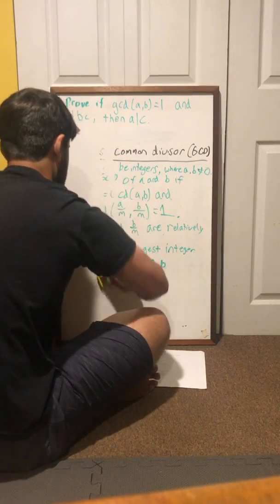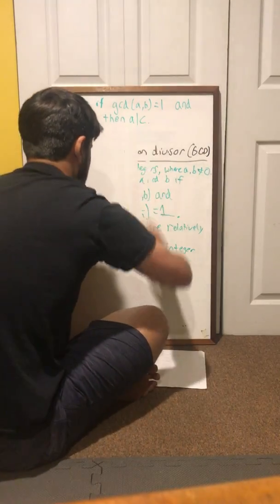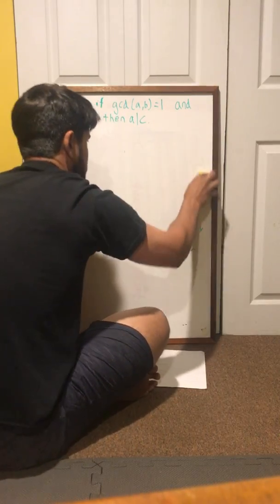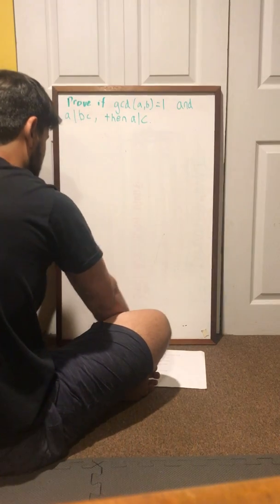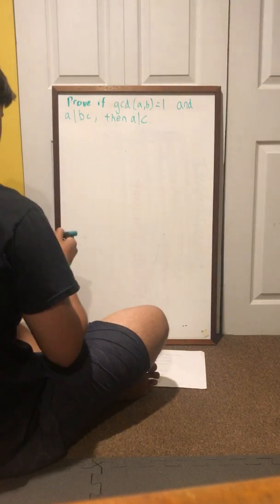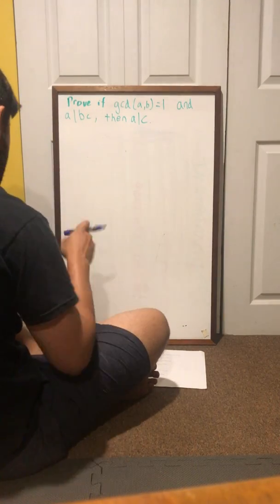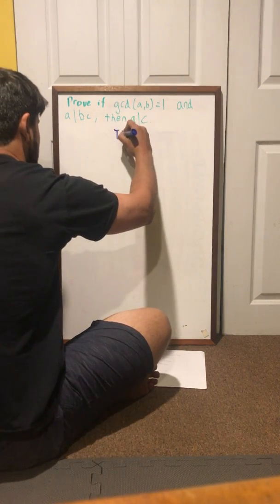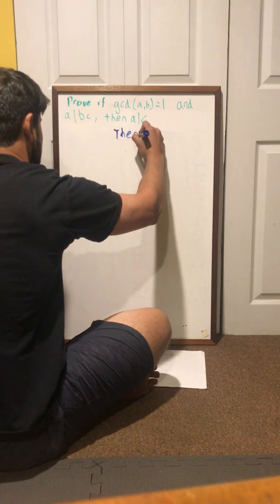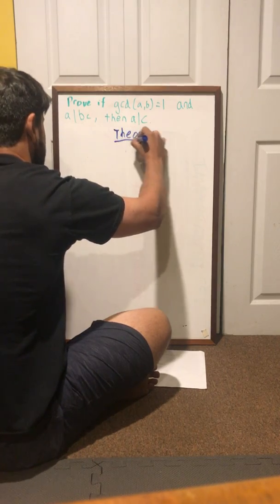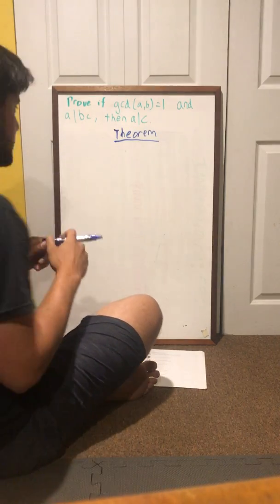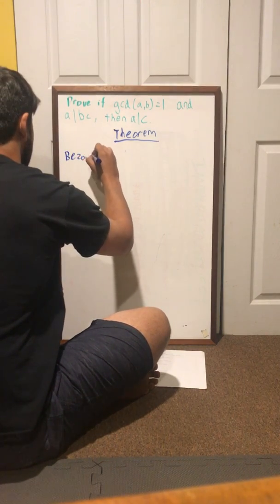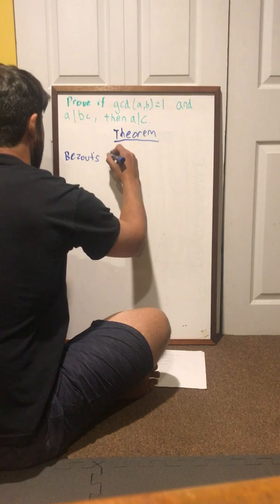All right. So when we're talking about theorems, we're saying a mathematical statement that can be proven to be true. All right. So the theorem that we're going to be using in this proof is the Bezout's identity theorem.